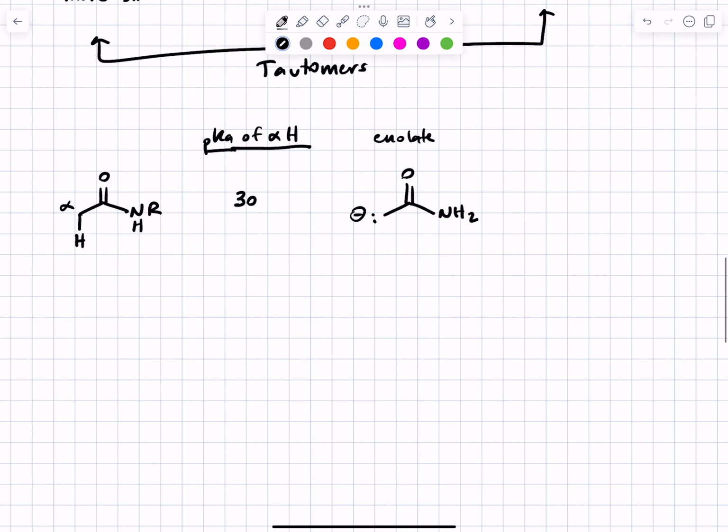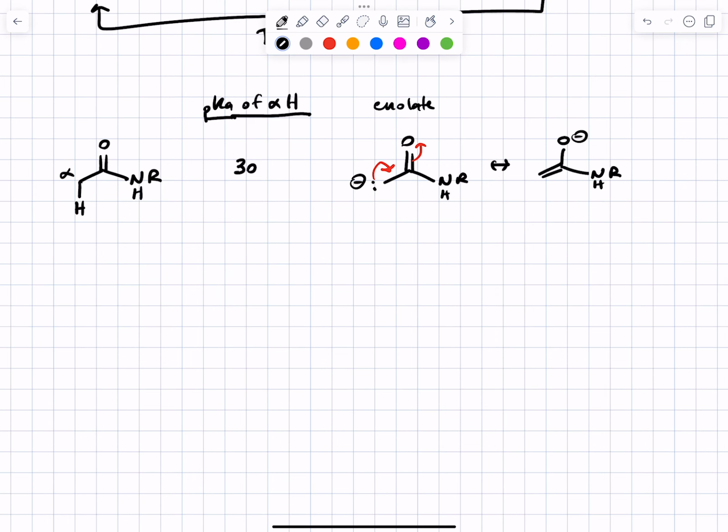Okay, we can draw a resonance structure where lone pairs donate into the carbonyl carbon like this to generate, and sorry, one of those protons should be in R. However, for the amide, there is an alternate resonance structure in which lone pairs on the nitrogen are donating into the carbonyl carbon to give you this resonance structure.